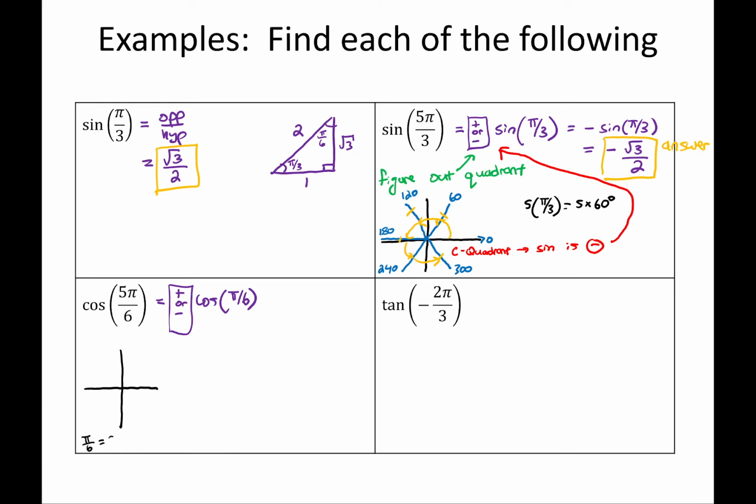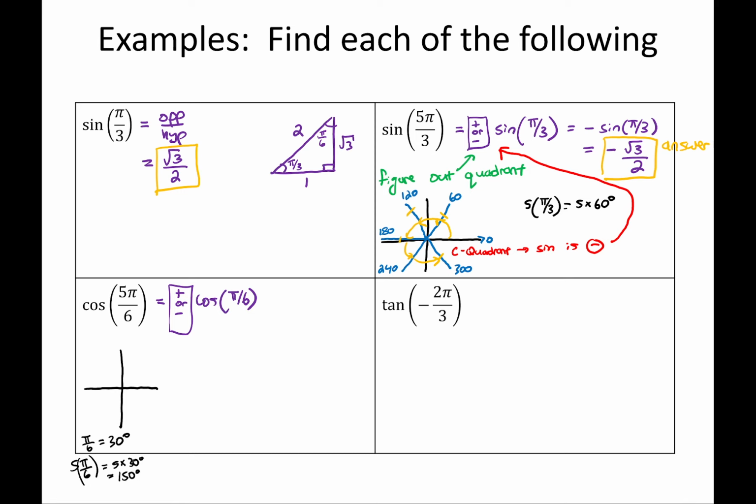Pi over 6 is equal to 30 degrees. 5 pi over 6 is 5 times 30 degrees, 150 degrees.